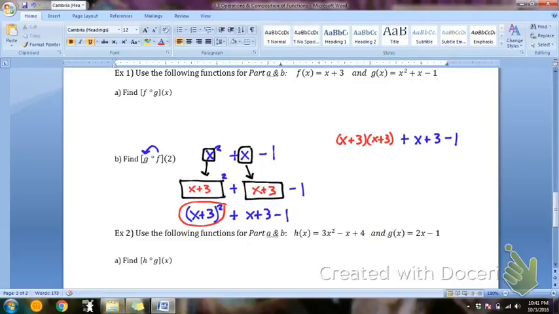I'll give you a minute to multiply that out. So we should have x squared plus 6x plus 9 plus x plus 3 minus 1.